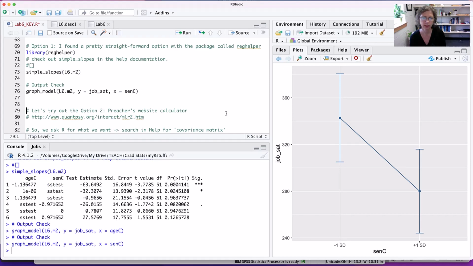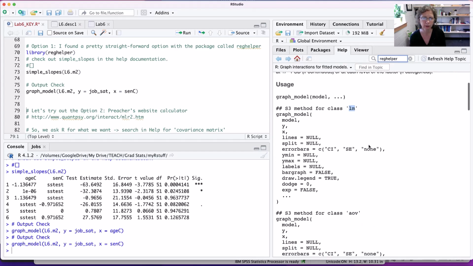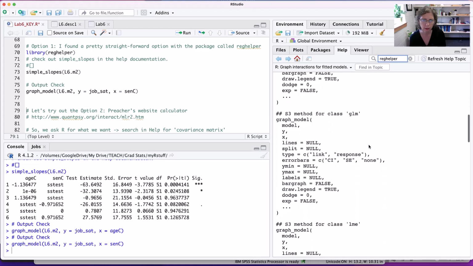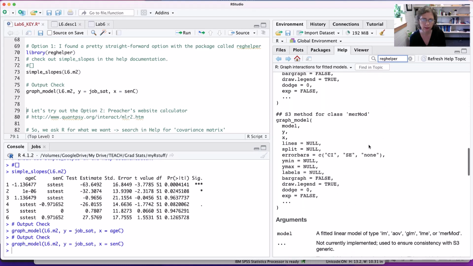So at different levels of seniority, there's differences in JobSat. But anyway, I'm liking some of the other graphs we get, but it's an option. And maybe it's got, when you saw in the help file, other things we can put on there.